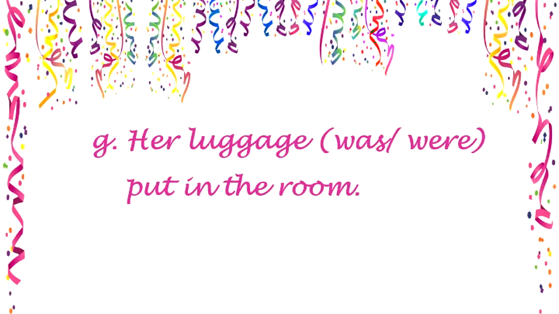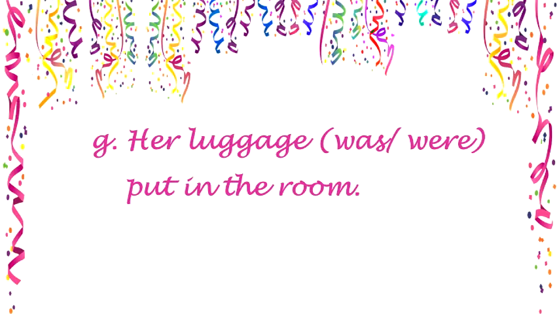Next, her luggage was or were put in the room. Now again see to it. Is the subject room or luggage? Yes, you should know that the helping verb is there. So before the helping verb, the subject is there.